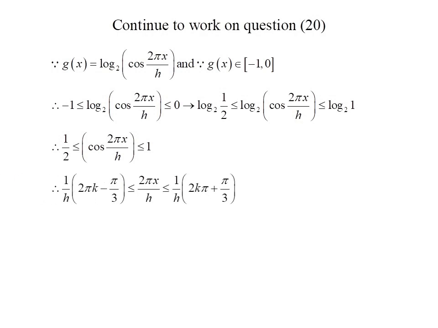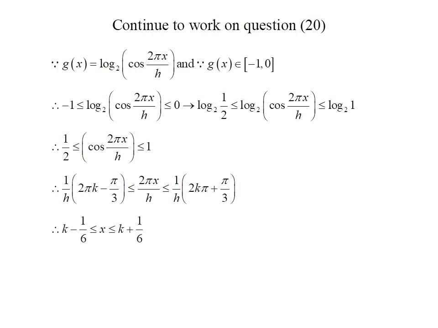Hence, 2 pi x over h is greater than or equal to 2k pi minus pi over 3 all over h, but less than or equal to 2k pi plus pi over 3 all over h.